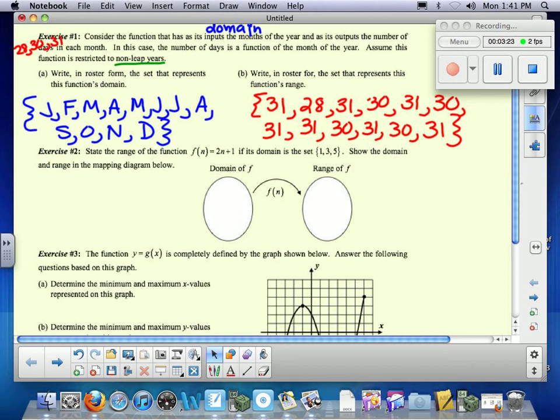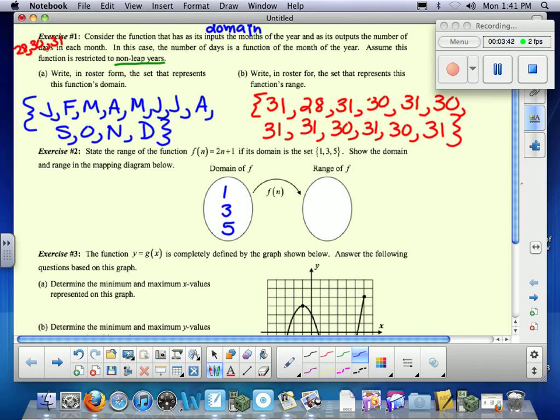Thanks. Okay, number two. The range of the function and its domain is 1, 3. So the domain is 1, 3, and 5. We're going to function those numbers. We're going to do the 2n plus 1 deal to them and get the range.